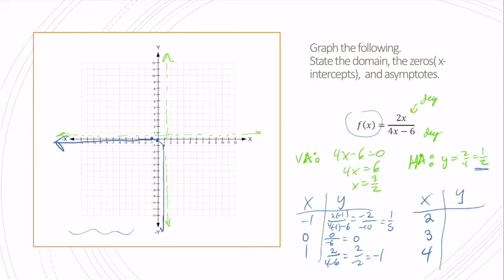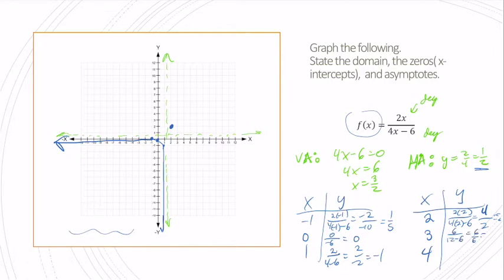All right, let's check on the other side of our asymptote. So when x is 2, I've got 2 times 2 over 4 times 2 minus 6. Well, that's 4 over 8 minus 6, which is 2, so I get 2. So when x is 2, y is 2. There's our point right there. We'll plug in 3. That gives me 6 over 12 minus 6, which is 6 over 6, which is 1.